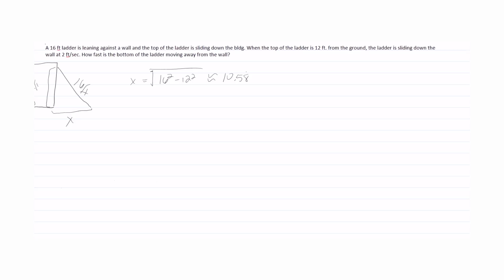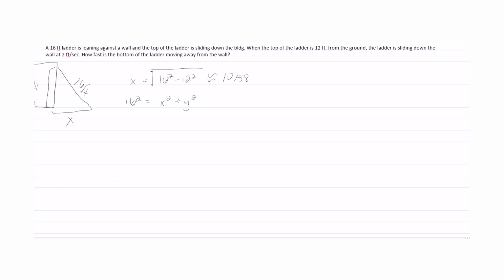So if we go back to Pythagorean's theorem, 16 squared is going to be equal to x squared plus y squared. And as before, we're going to take the derivatives with respect to x and with respect to y as they're changing in time.